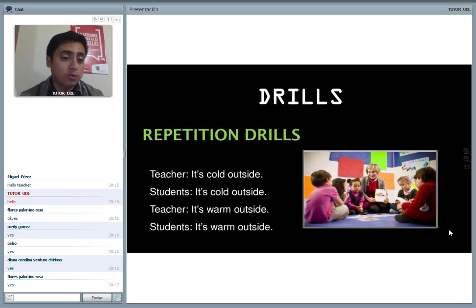So in these repetition drills, the students repeat exactly what the teacher says. Repetition not only of words, but also of phrases or sentences. You use this kind of activity to put emphasis on pronunciation, or maybe on intonation of some sentences. So that's repetition drills.